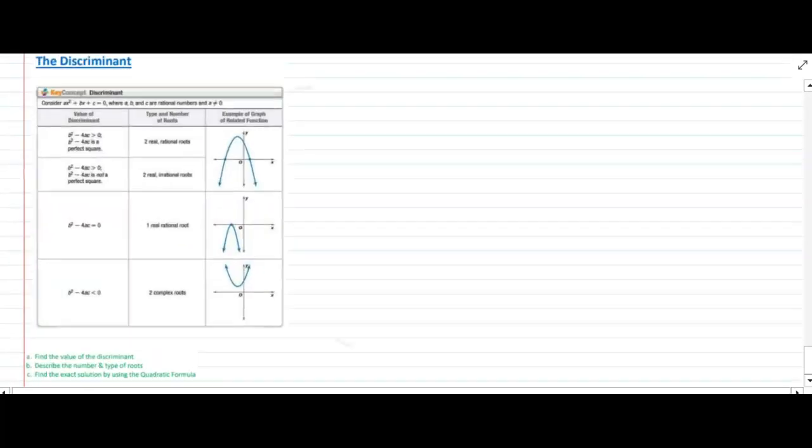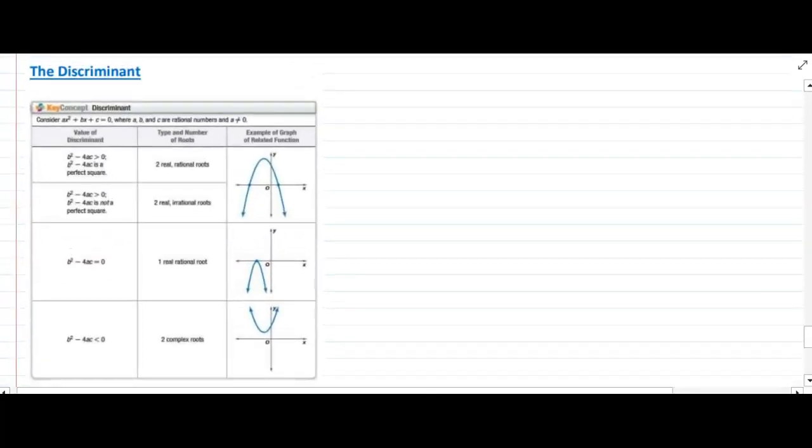The last thing I want to talk with you about is the discriminant. Believe it or not, you actually already know what the discriminant is. When we look at the quadratic formula, the discriminant is simply all of the stuff under the radical. It's a real technical term there. But the discriminant is b squared minus 4 times a times c.